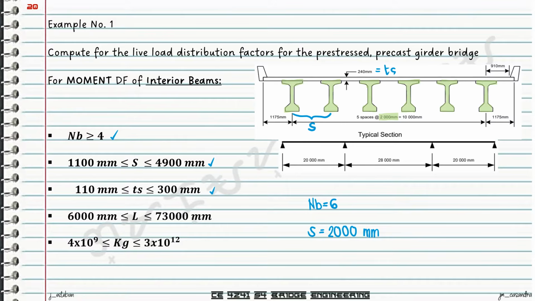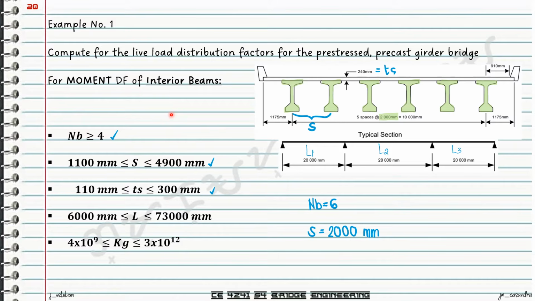And then next, we have the length between the supports. So we use this diagram now. Basically, we have 3 spans in the bridge. So we have to check L1, L2, and L3.